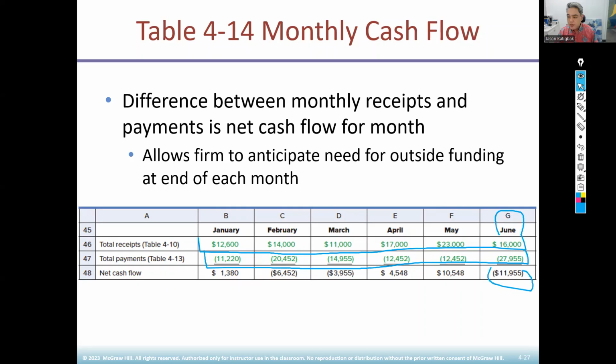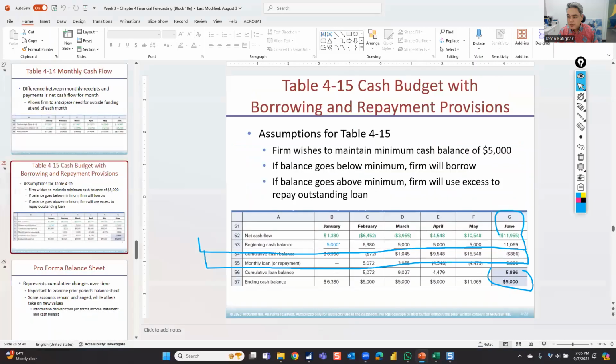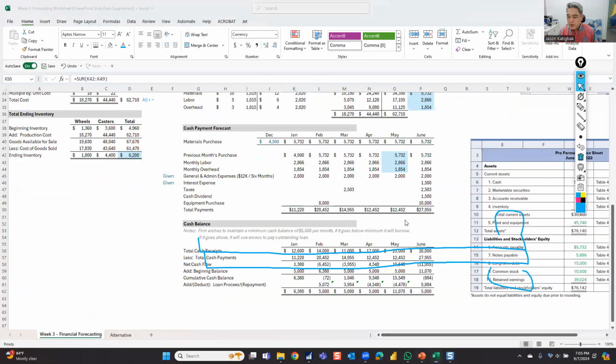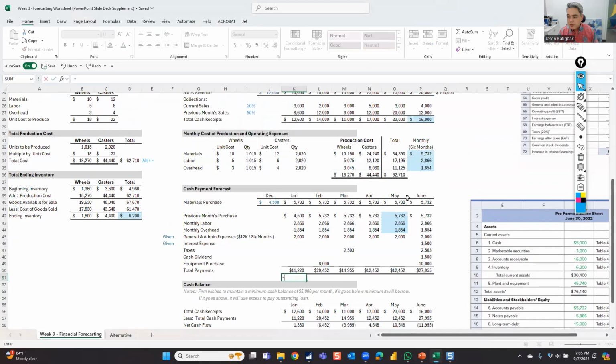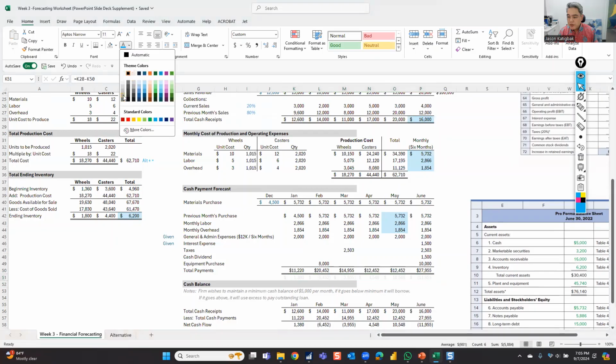I will do a quick one on our slide as well, on our file. Remember this. Cash receipts minus cash payments is basically, I'm just going to highlight it really light so you can see it. So net cash.